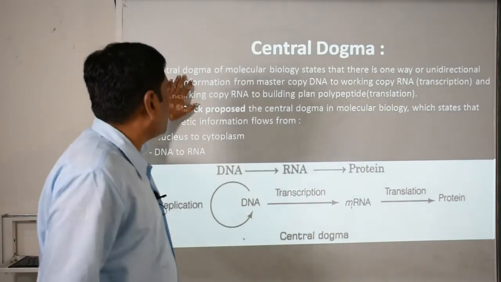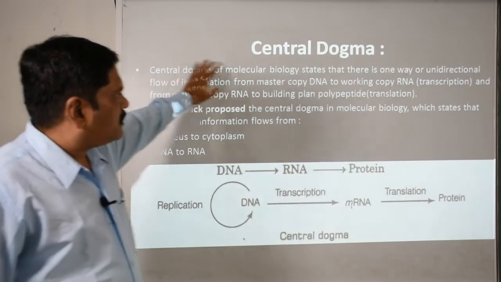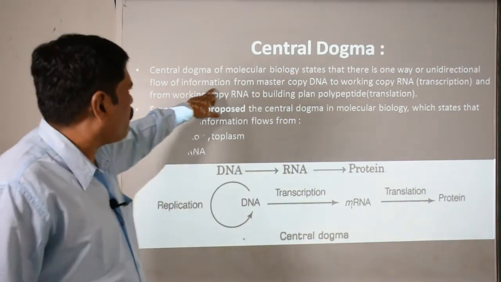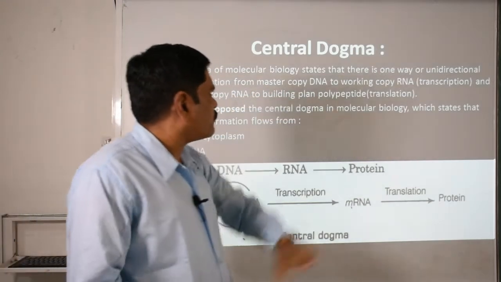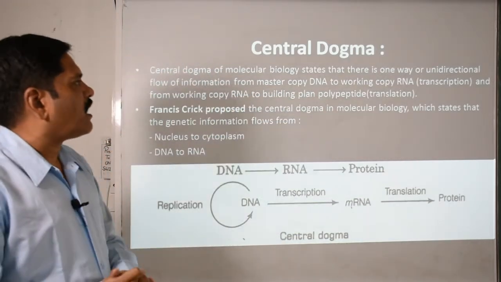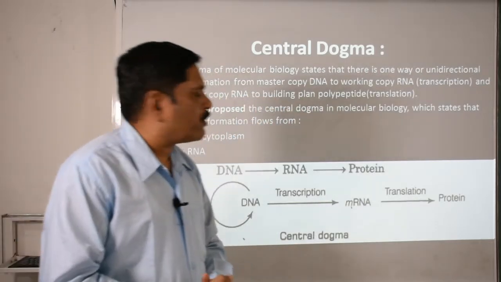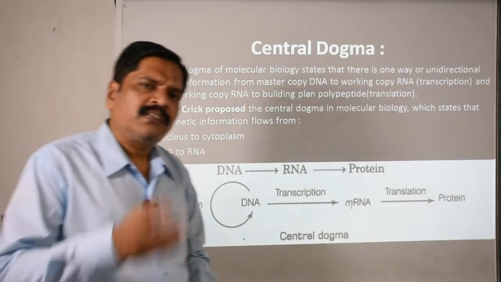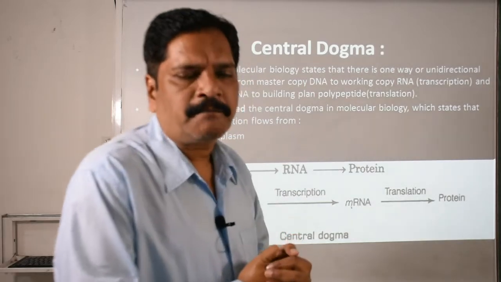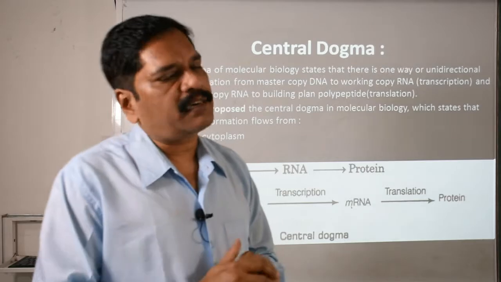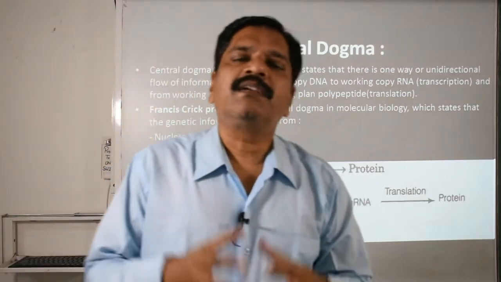Okay, so here you can see that it is said that there is one way or unidirectional flow of information from master copy DNA to working copy RNA, and from working copy RNA to building plant, that is the polypeptide chain. So there are specifically two activities, one that is the transcription and second is the translation. So what is the transcription?